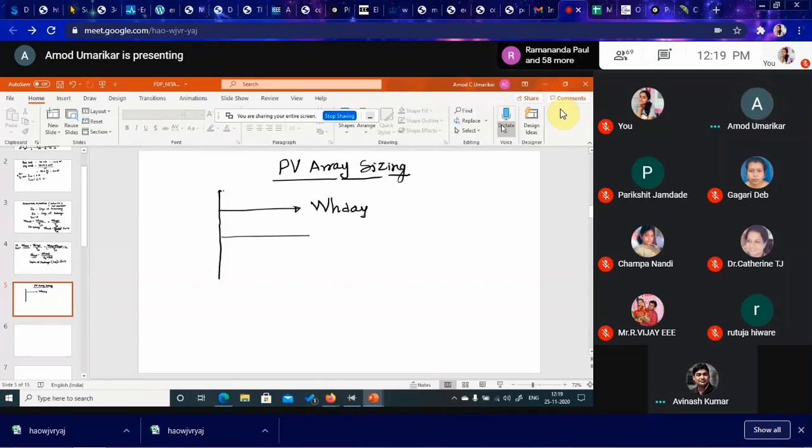Then night load, which has to be stored in the battery. And then day of autonomy. Exactly. So WH autonomy.